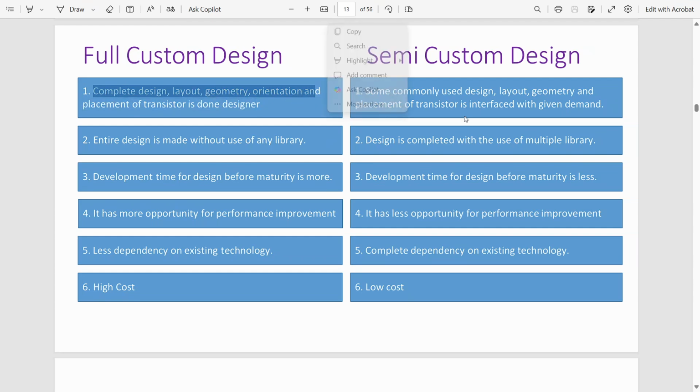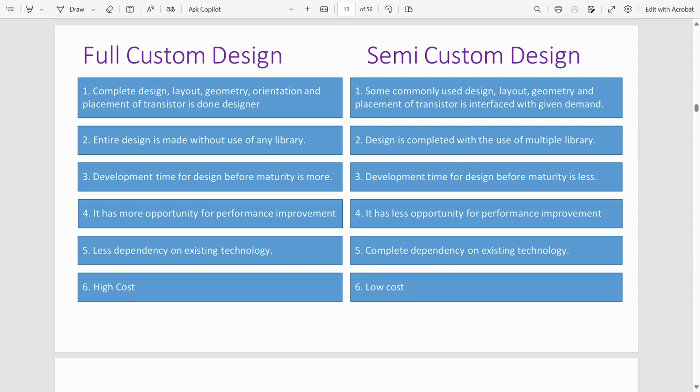And semi-custom means some commonly used designs, layout, geometry, and placement of transistors are inferred as per the given demand. That means some standard library cells are already available, already designed and tested, and they make a semi-custom design.